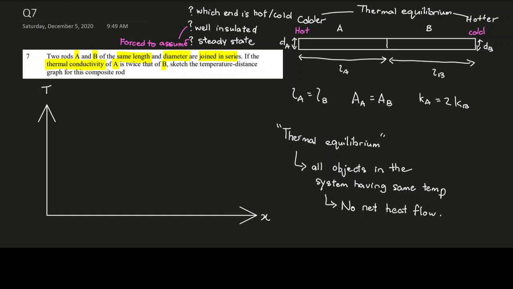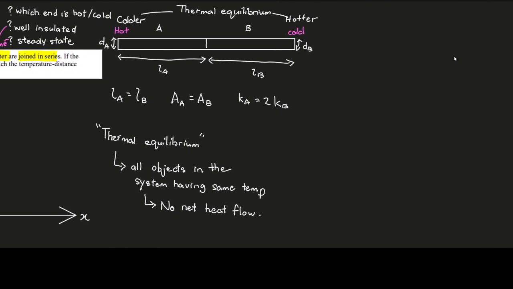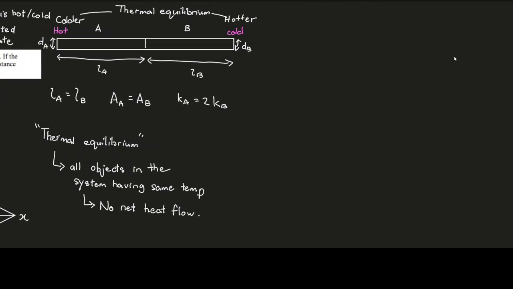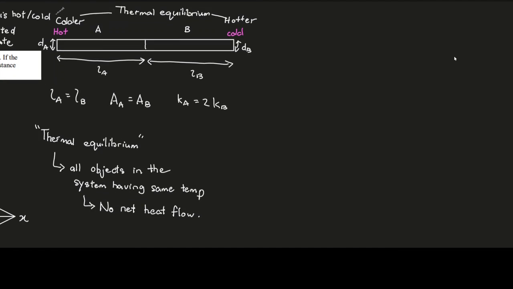But in case someone is having this kind of problem, let me try to help you a bit. Why does this side remain always hot, this side remain always cold, and this thing never reach thermal equilibrium? The reason is like this. Let me bring this to the side so we have more space to talk.